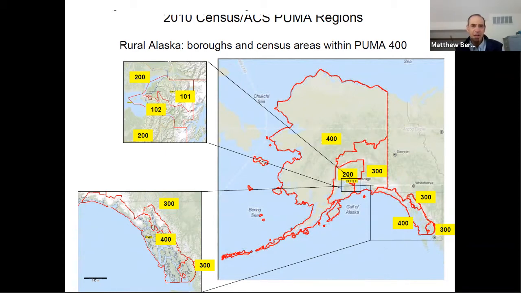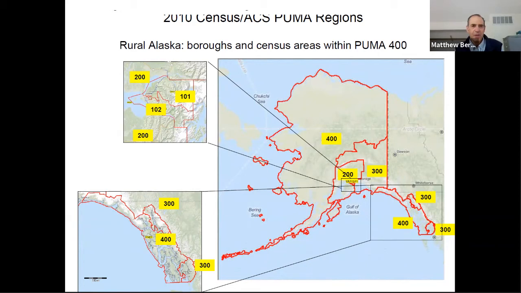So we really think about the four regions in Alaska. And PUMA 400, which you see encompasses most of the state, is what we call rural Alaska. And it has a number of those census areas and boroughs in it.